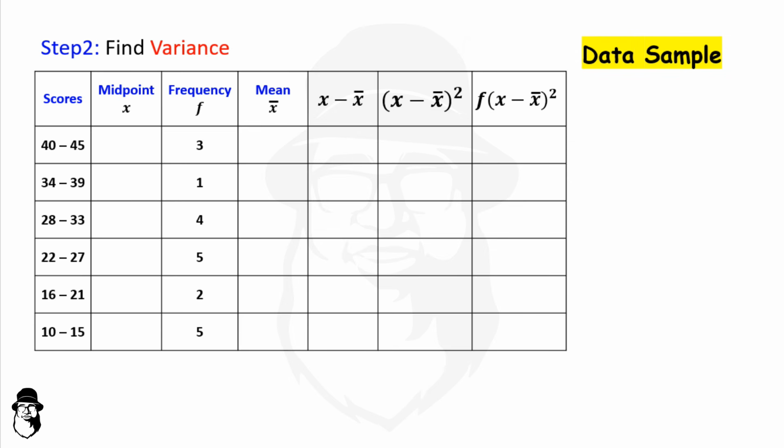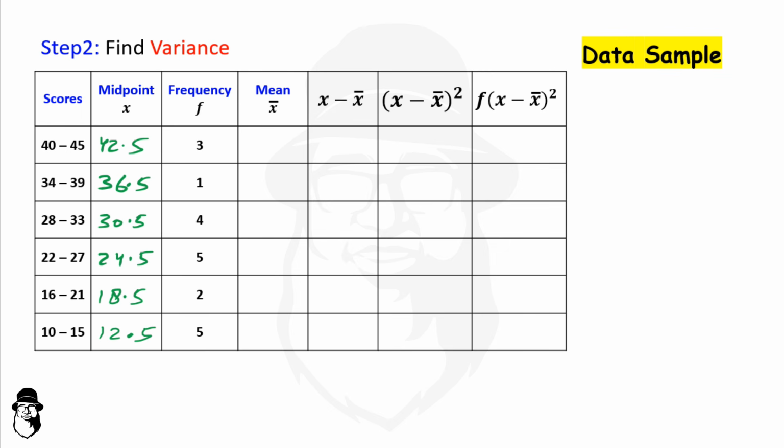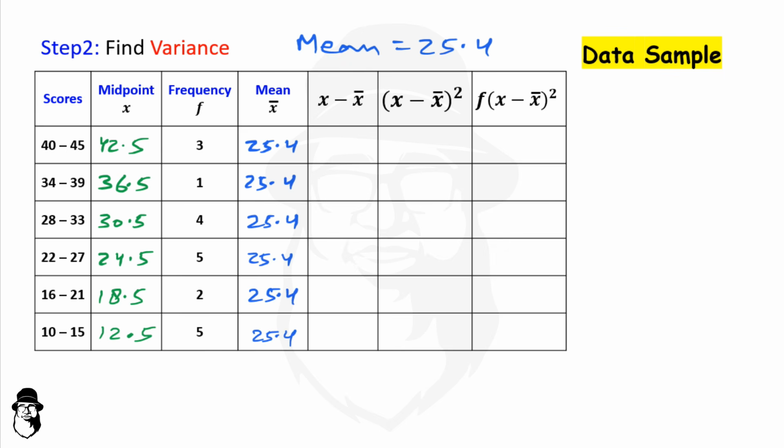For that we already have the scores, the frequency, and the midpoints. Let's bring midpoints from here. We have already calculated the mean, that is 25.4, and we write it here. Now in this column, in every row we'll subtract this mean from the midpoint.